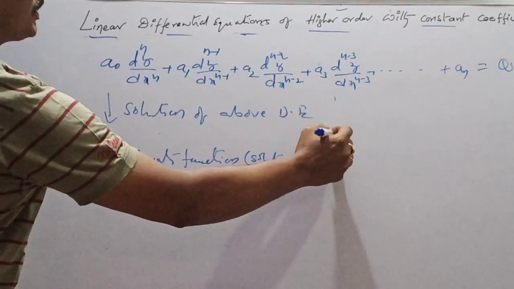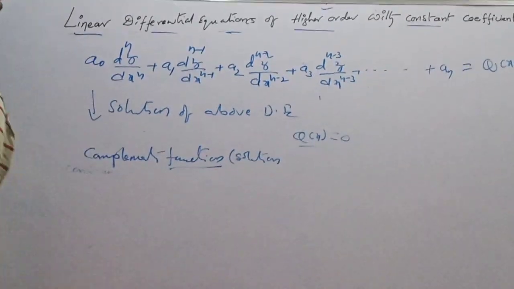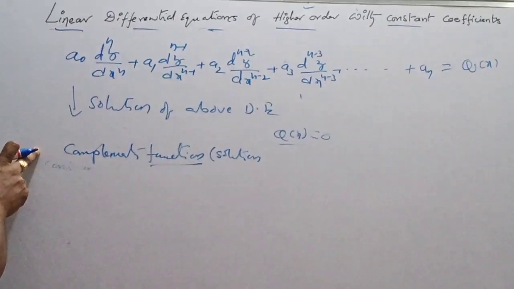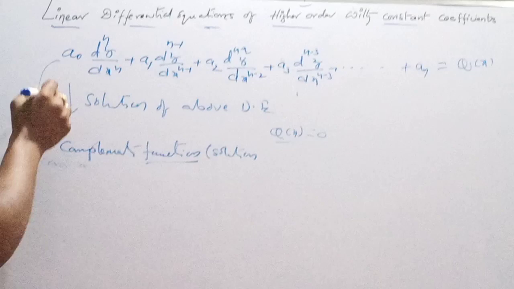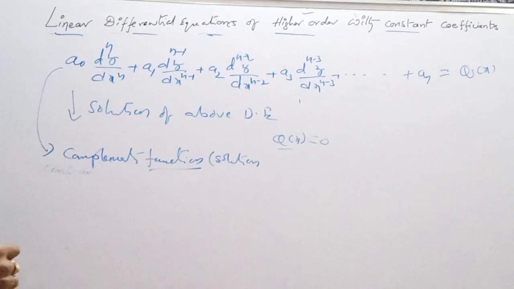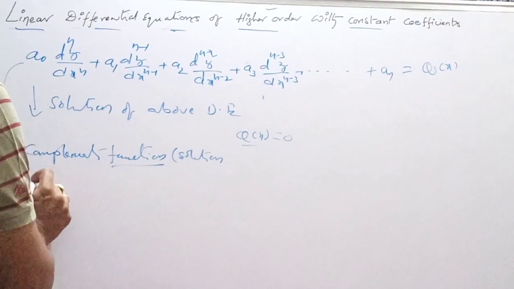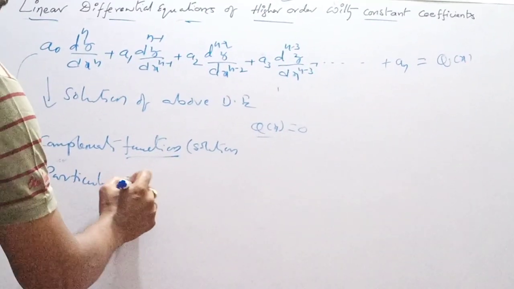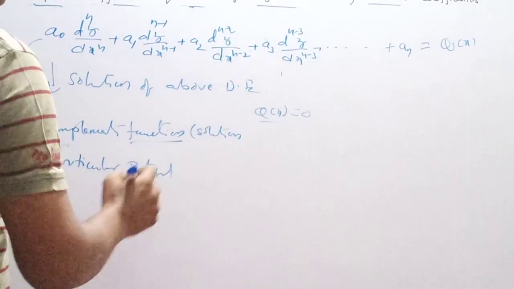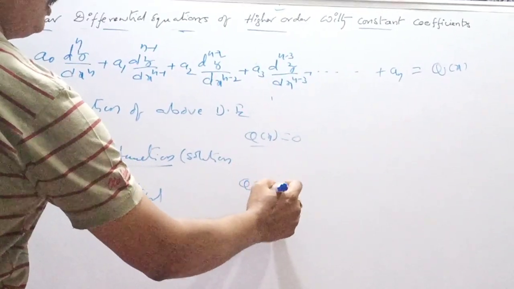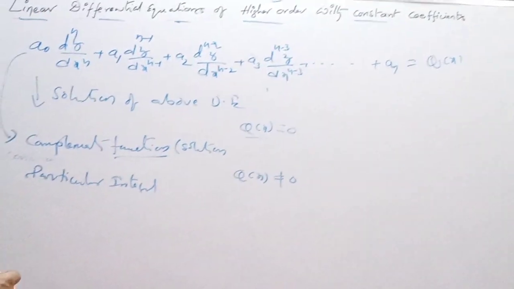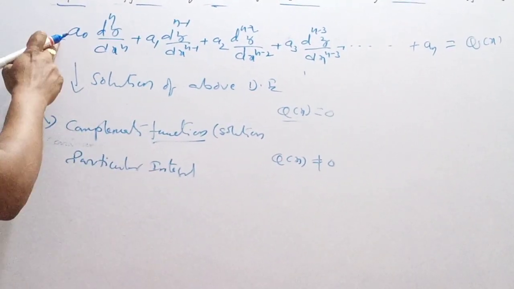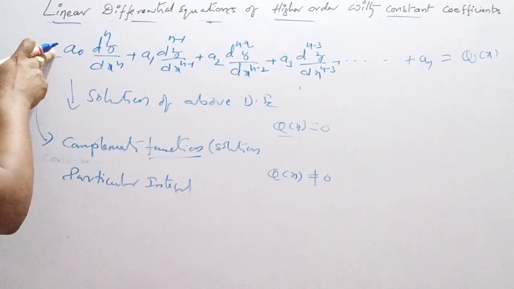When Q of x equals 0, the complementary function is the solution of this differential equation. The second one is the particular integral. When Q of x is not equal to 0, we have another term, the particular integral, which is also part of the solution.